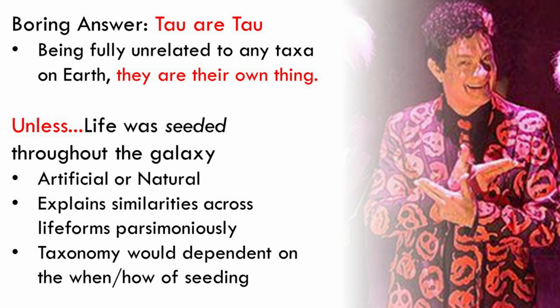But if we did something a little bit more recent, let's say take the first eukaryote and seeded that throughout the galaxy, then we could fit any descending organisms under that umbrella of domain Eukarya. So the whens and hows and whys of seeding throughout the galaxy would actually influence our answer here and change the words we use to describe Tau.